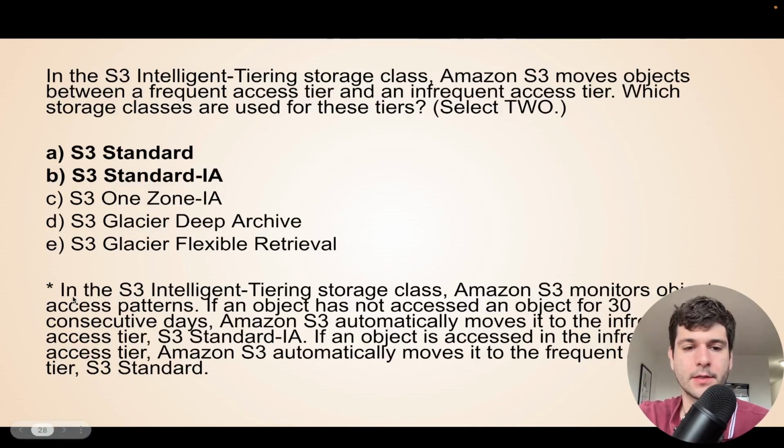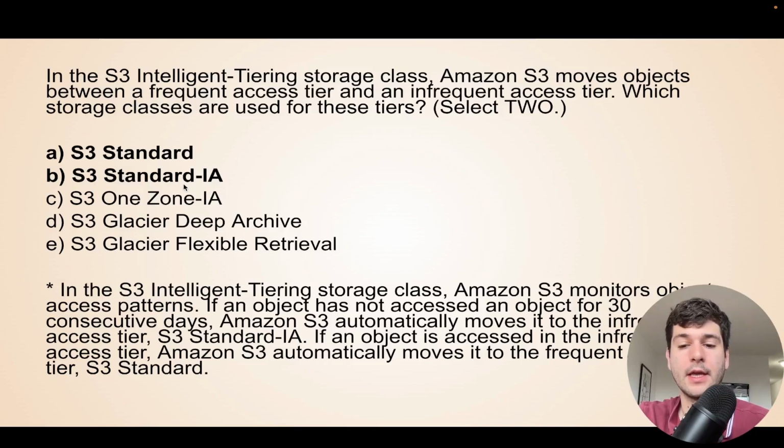And here's a description. So in the S3 intelligent tiering storage class, Amazon S3 monitors objects' access patterns. And if an object has not been accessed for 30 consecutive days, Amazon S3 automatically moves it to the infrequent access tier, which is S3 standard IA.